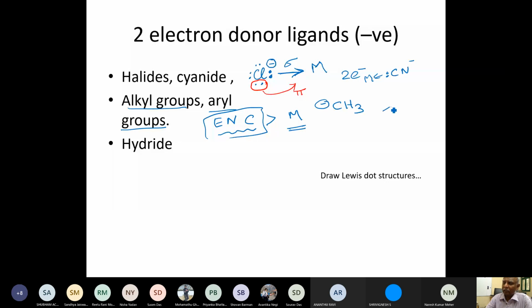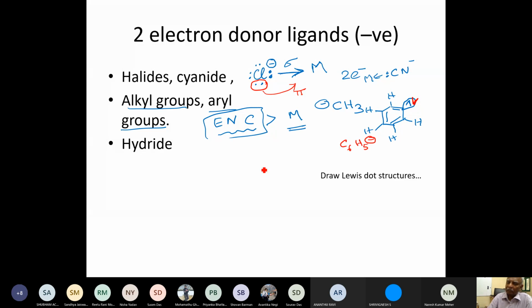And so also any other group that is approaching the metal, let's say this is a C6H5 radical. It has got one electron in that radical orbital, but when it comes close to a metal, it grabs another electron from the metal and it acquires an additional electron, and so it becomes C6H5 minus.